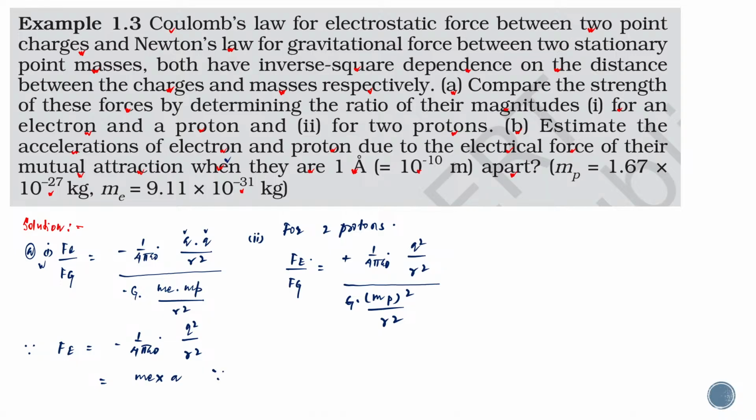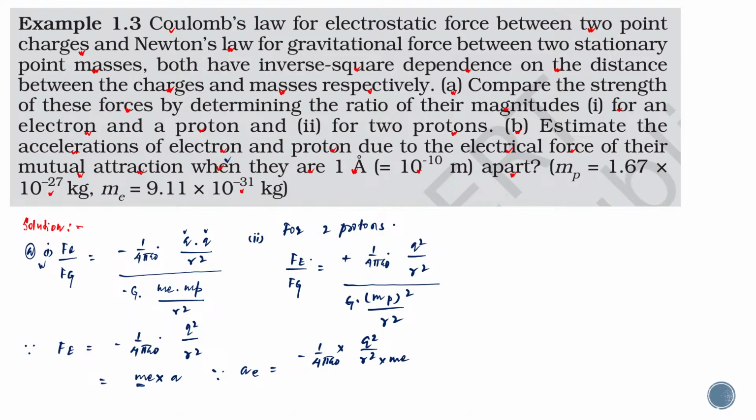So acceleration of electron, we move me to the left hand side, then we get here 1 by 4 pi epsilon naught into q square by r square, and here will be mass of electron.